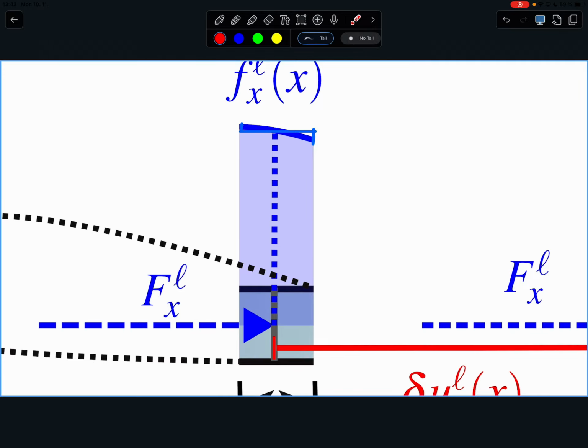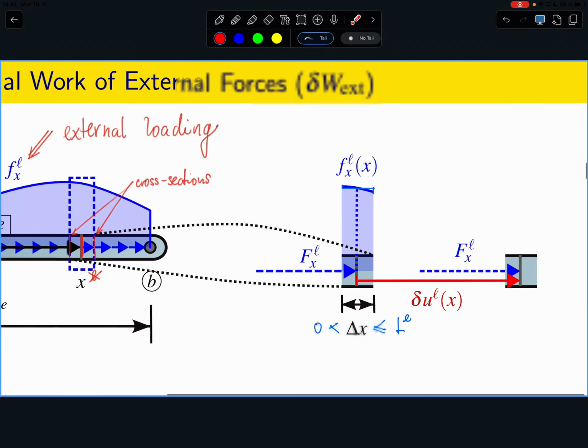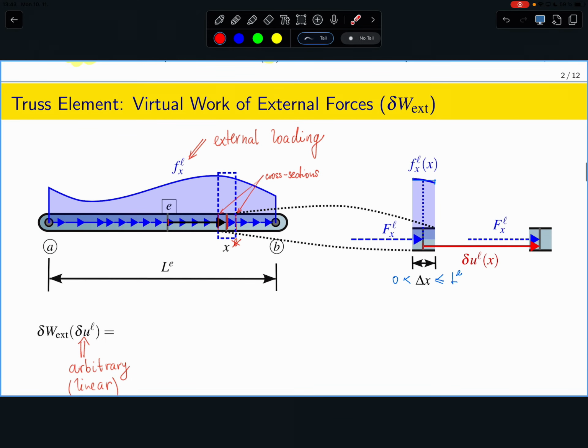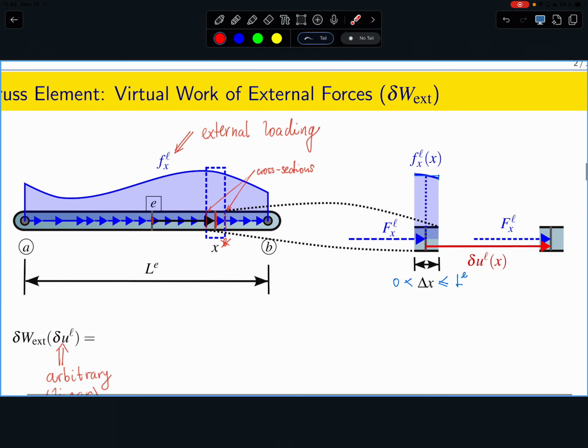So then the only thing which I need to do, when I zoom in, is take the value of that intensity of distributed load as I see here. I can, with negligible error, replace it by something which is constant over the interval, and I can compute the resultant of this part.